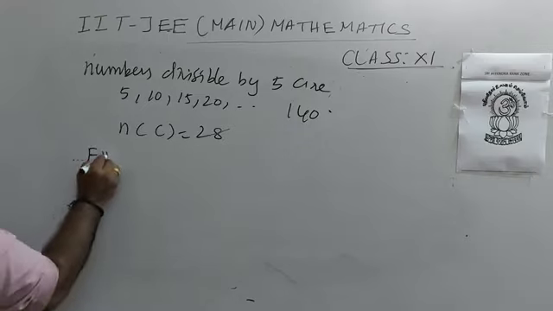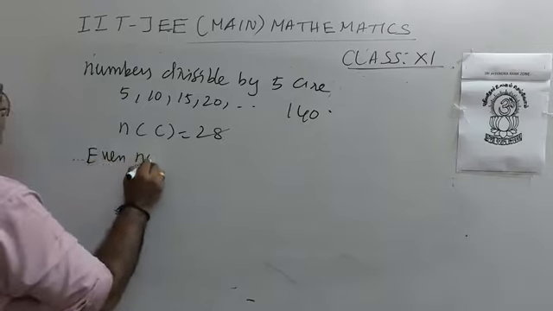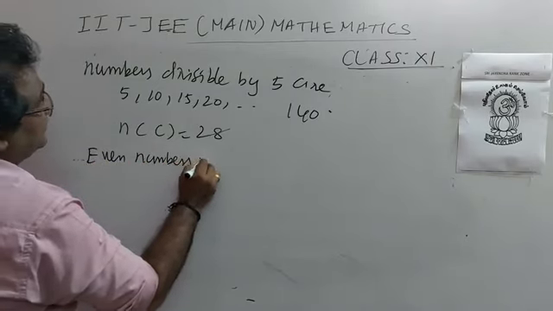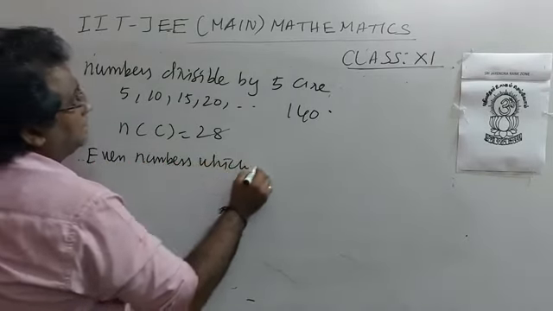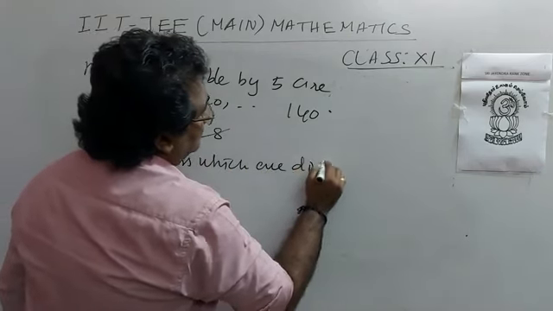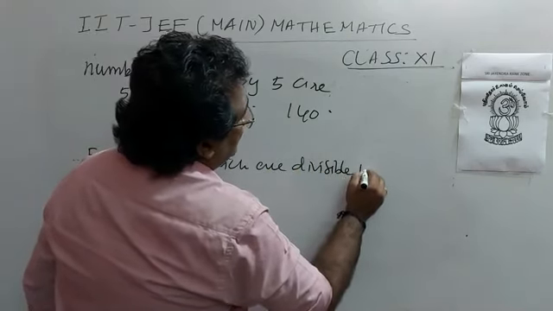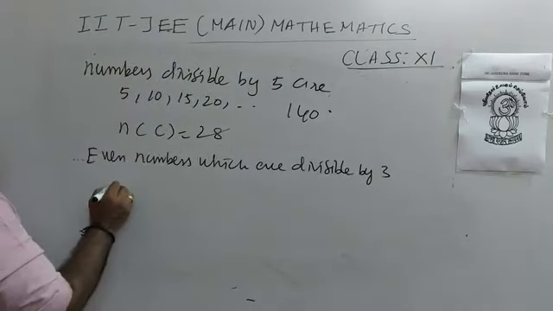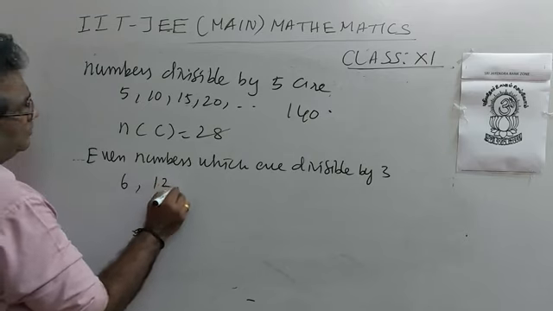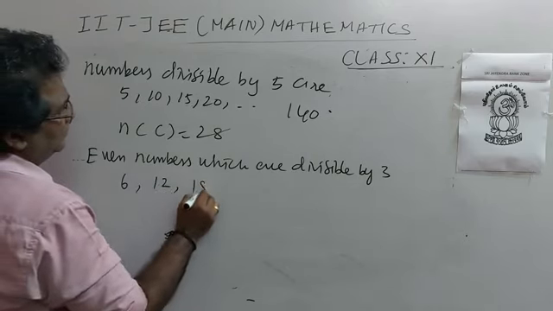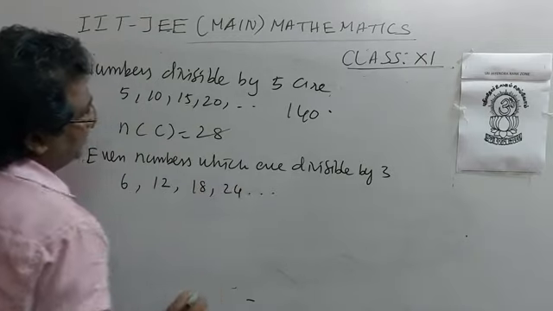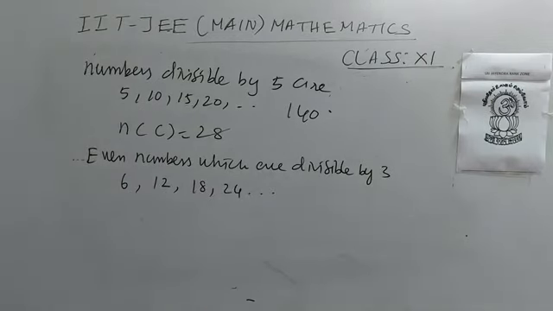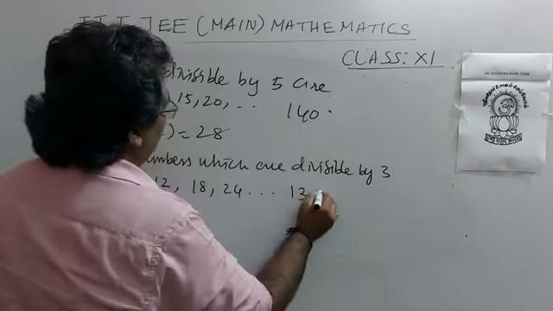Even numbers which are divisible by 3. The number should be even as well as divisible by 3: 6, 12, 18, 24 and so on up to 138.